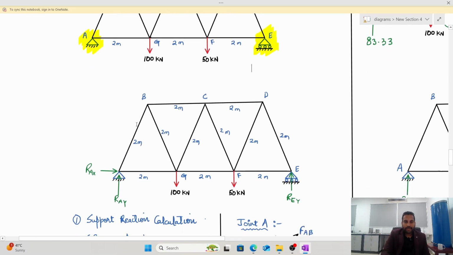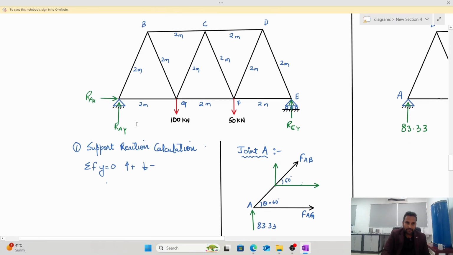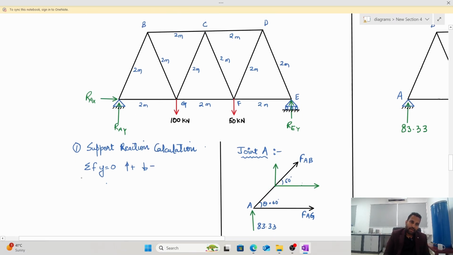So, what I can do? I can take summation of forces in y direction equals to 0. So, what are going up? My RA is going up. I can say RAY in the y direction, plus REY is also going up in the y direction, right.